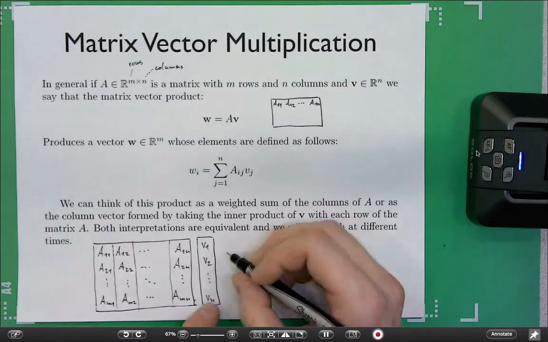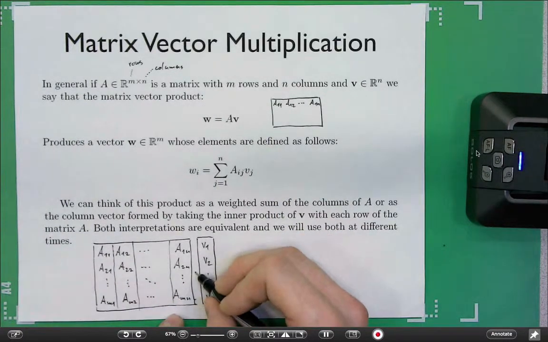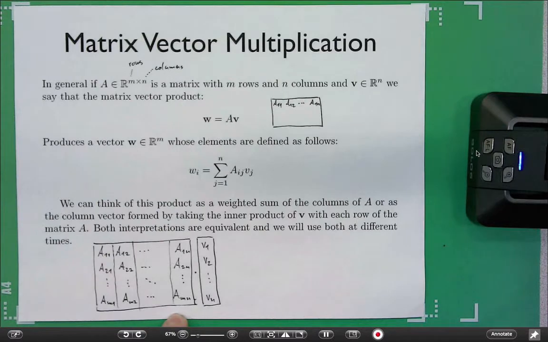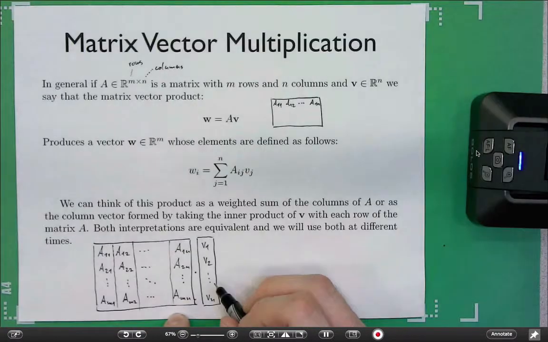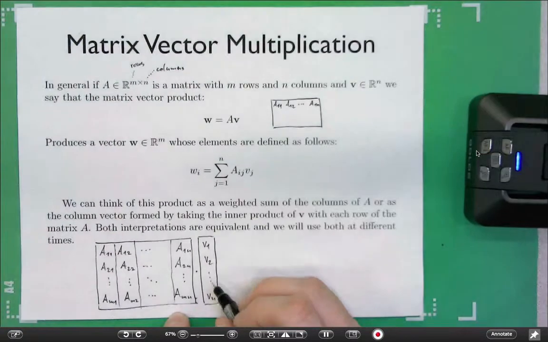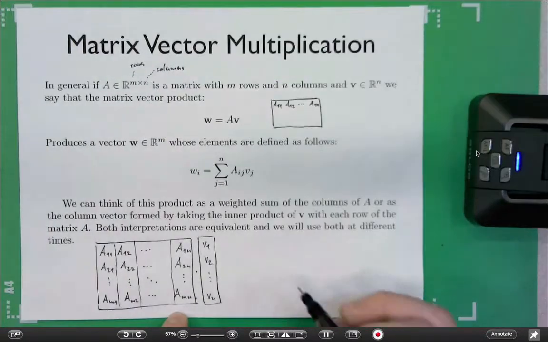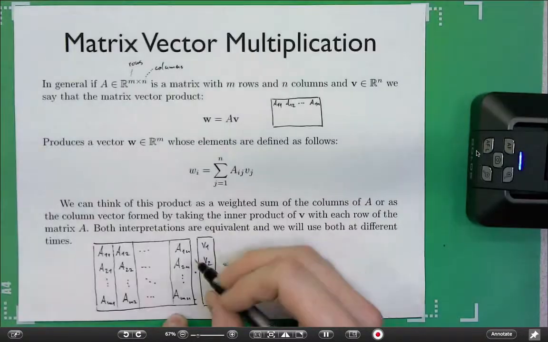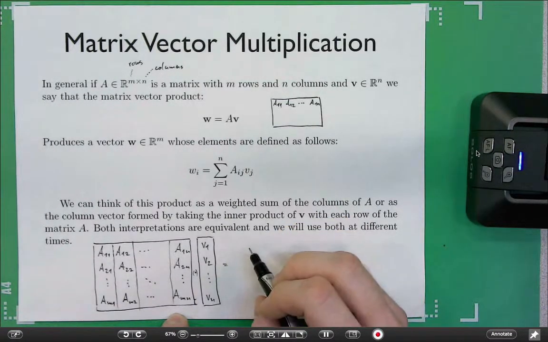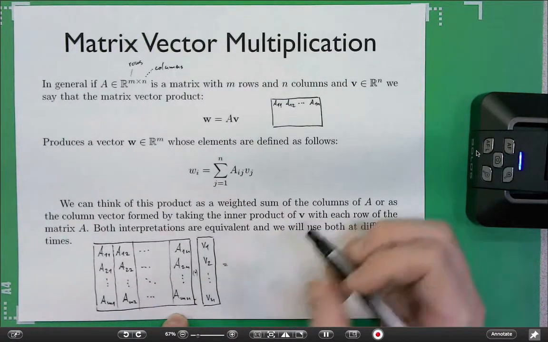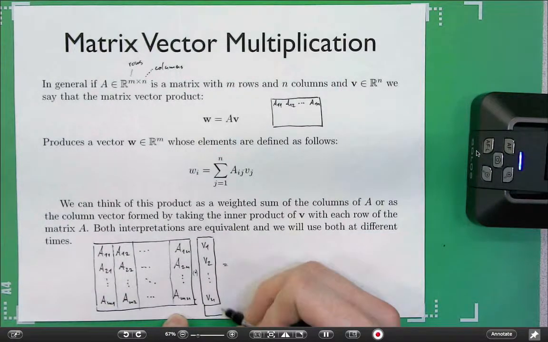And this operation here is the matrix vector multiplication. We usually don't denote it with any dot or something, so it doesn't get confused with the dot product, which is a different operation, even though very closely related. Actually, I should have written this longer, right?